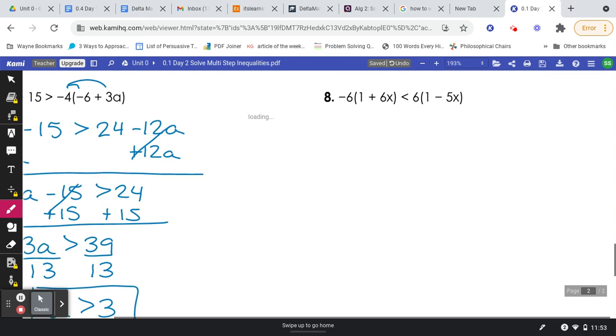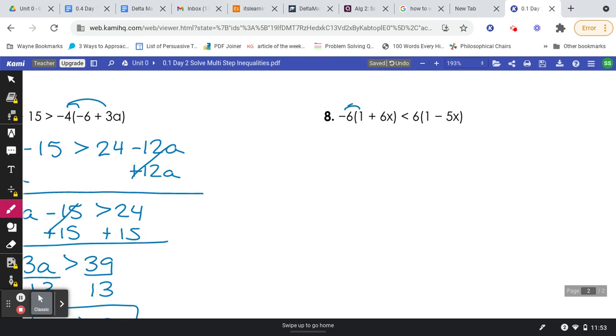All right, our last problem, again, another distributing. So 1, 2, 1, 2. Negative 6 minus 36x, being careful with those negatives. Bring down your less than sign. Distribute again. I'm going to move my x's again over to the other side.